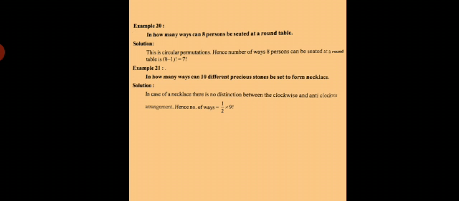So in case of necklace, there is no distinction between the clockwise and anti-clockwise arrangement. Therefore, second formula is used. Hence, the number of ways is equals to n minus 1 factorial, that is 10 minus 1 equal to 9 factorial divided by 2.